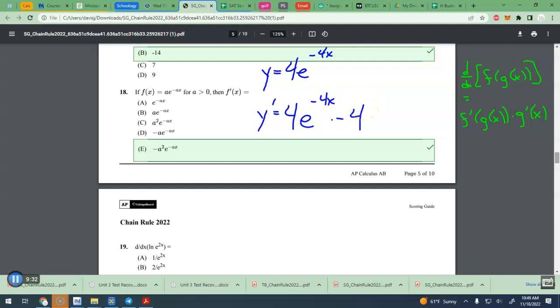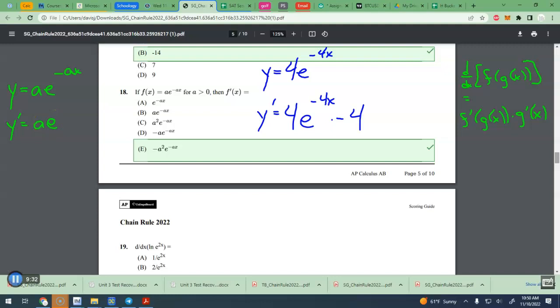It's negative 4. So if I do that with a's, if I have y equals a e to the negative ax, so the same idea, that's a constant in front of a function, so it's going to drop down. E is your big guy, negative ax is your little guy.